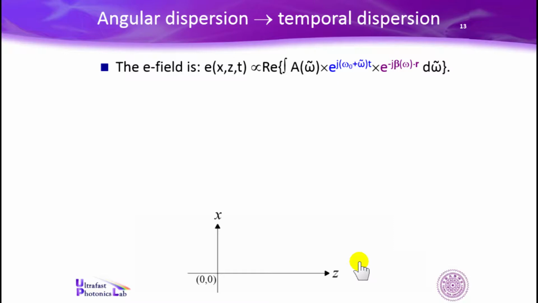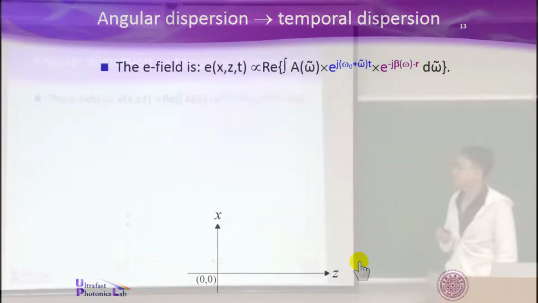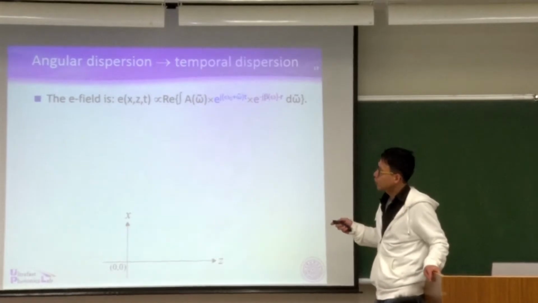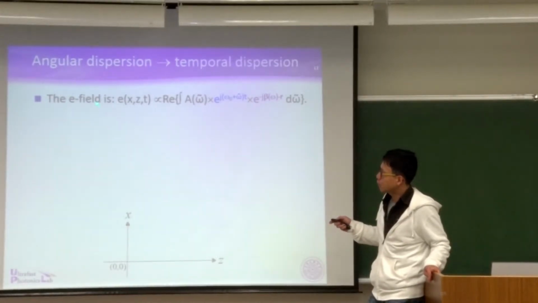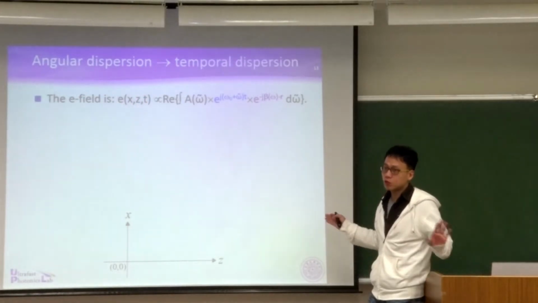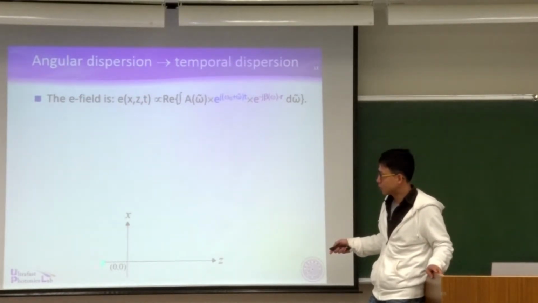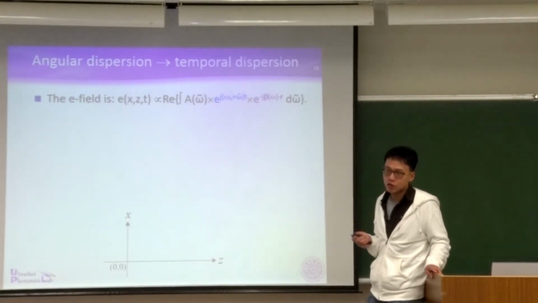Now, to our surprise, angular dispersion will automatically transfer to temporal dispersion. Say we can write down the electric field as a function of x, z, and t. Here we assume there is no y dependence. This is the z-axis, the reference direction. This is the x-axis, the transversal direction, and it's also a function of time.